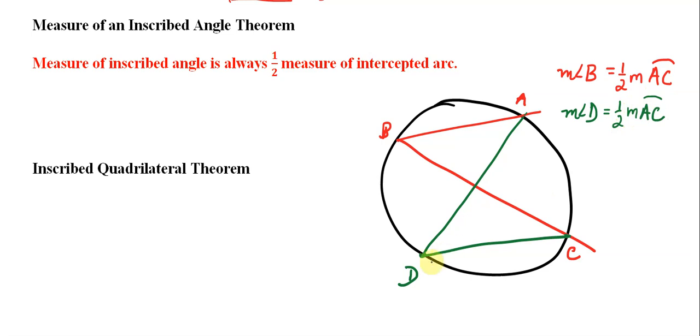Okay? So it doesn't matter where I place this angle, as long as it catches this arc at those same 2 points, the measure of this angle will always be 1/2 of the arc.